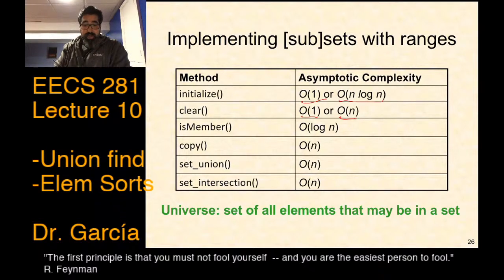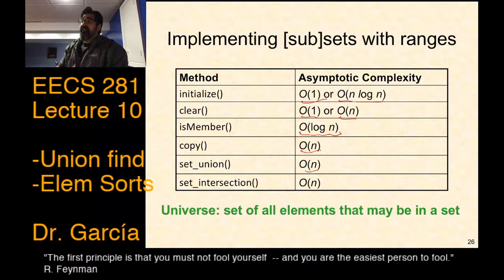Is member, which is analogous to find, lookup, or search, whatever you want to call it, is log n time by binary search. Copying is linear time if you want to copy everything. Set union is linear time by the previous algorithm that we saw, where n is the sum of the sizes of set 1 and set 2.